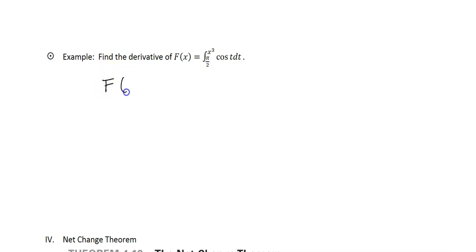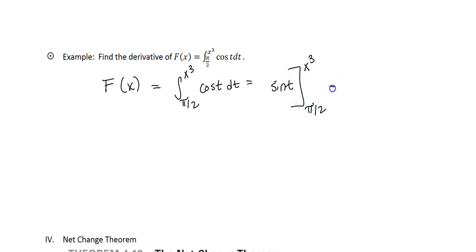If I were just to actually try and evaluate this, I would take the integral of cosine, which is sine of t, and I would evaluate that from pi over 2 to x cubed. So that would give me sine of x cubed minus sine of pi over 2.